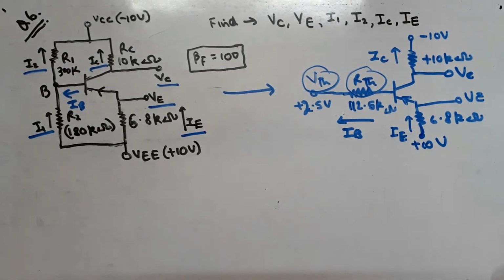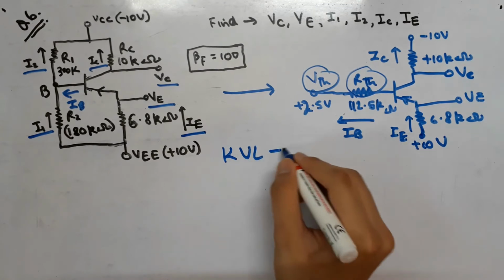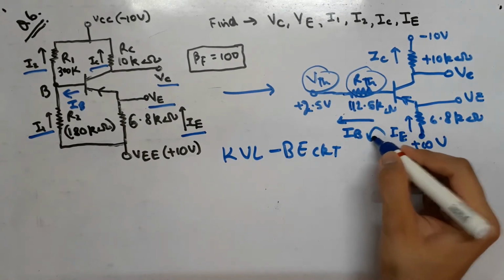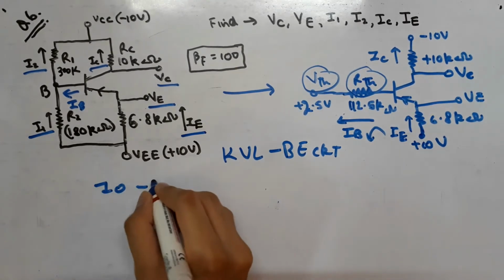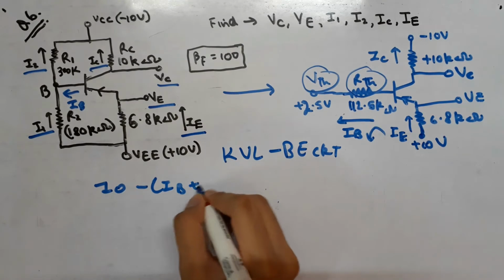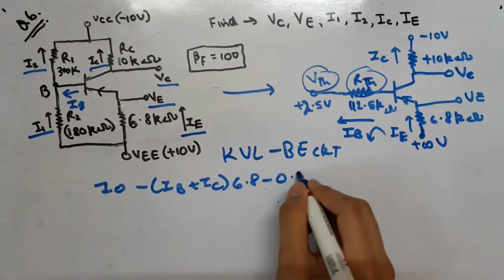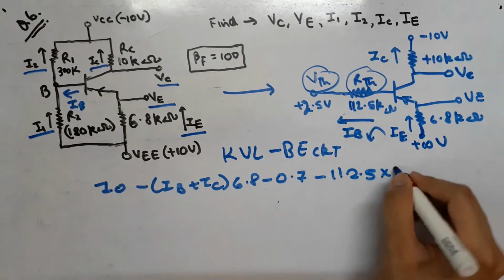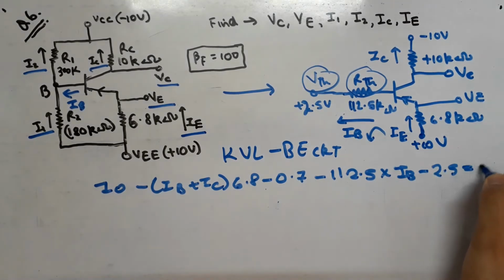Now we will find the values of IB, IE and IC. For that we are going to apply KVL in the base emitter circuit, that is over here. Now we will get 10 minus (IB plus IC) into 6.8 minus 0.7 minus 112.5 into IB minus 2.5 is equal to 0.